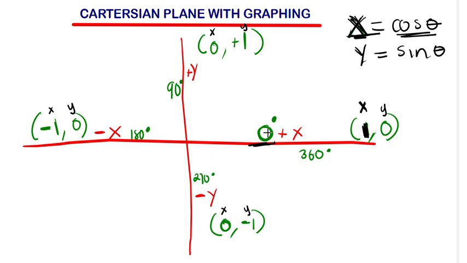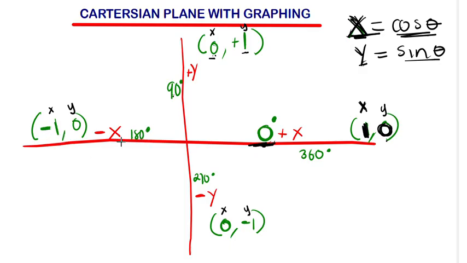If I say sine 0, sine is in the y-axis. What is in the y-axis is 0. So if I say sine 0, the answer is 0. Then if I say cos 90, the answer in the x-axis is 0. So cos 90, the answer is 0. Sin 90, the answer is 1. If I say cos 180, the answer is negative 1.